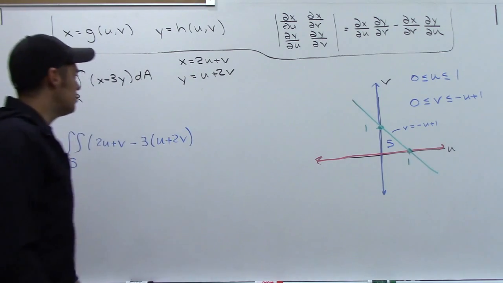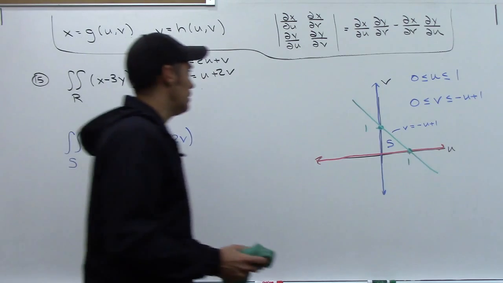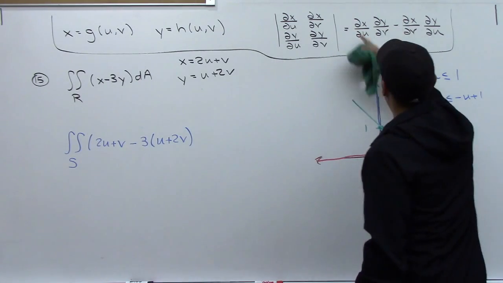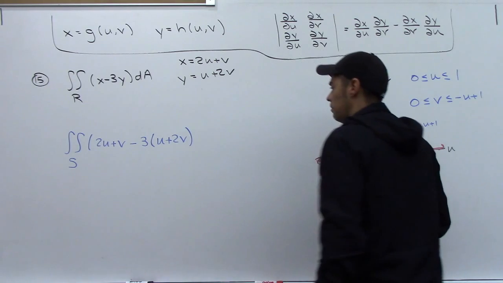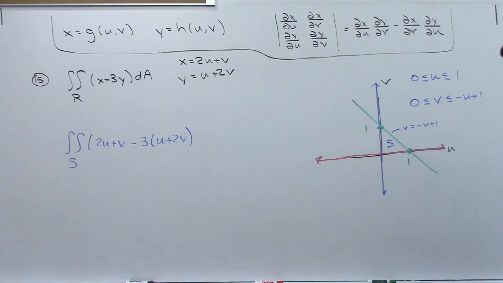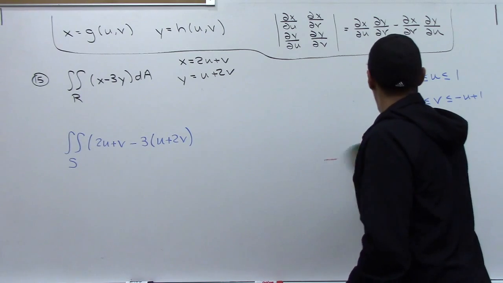And then I have to put the Jacobian determinant in there. So I've got to figure out what this is, and place that right here. And then I can say du dv. So let's do our Jacobian determinant. I'm going to do that right here.